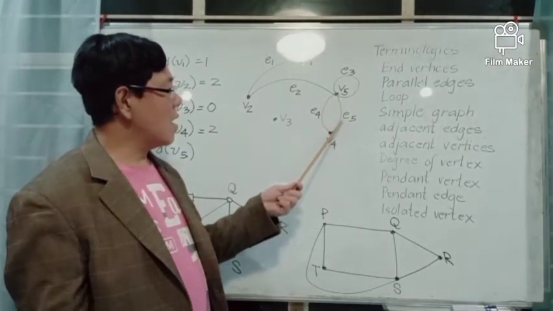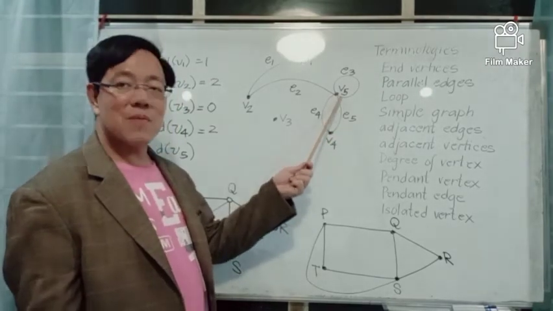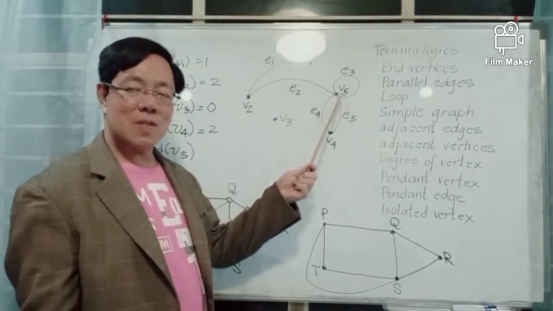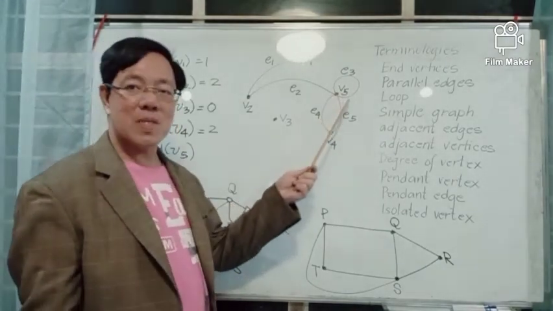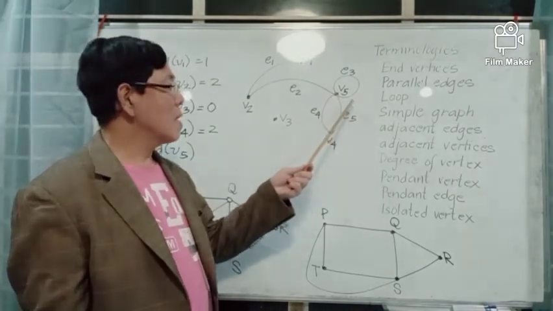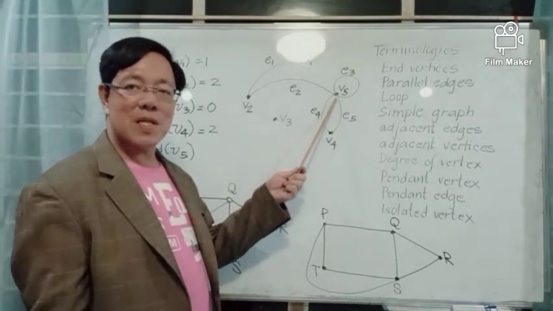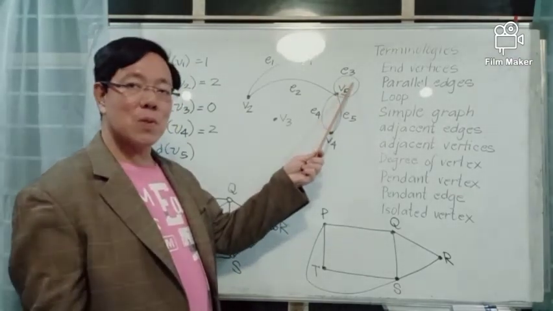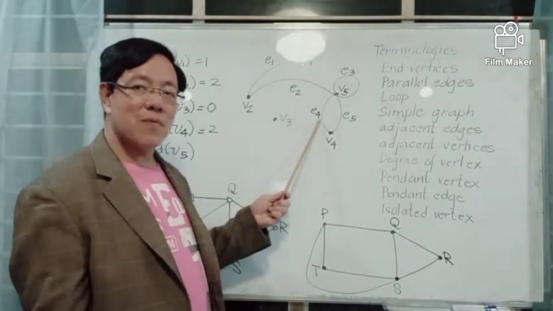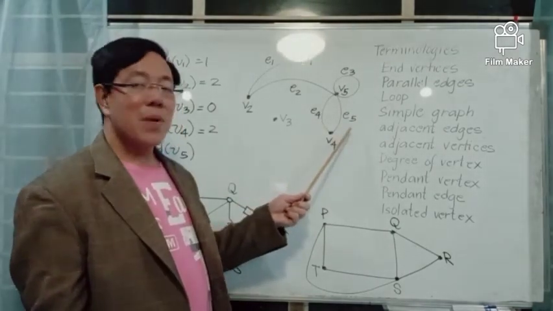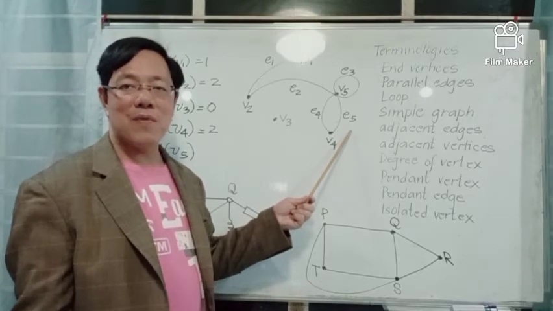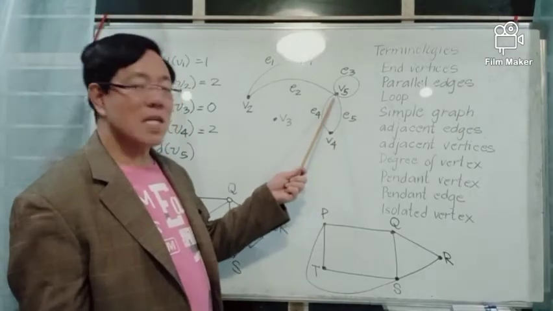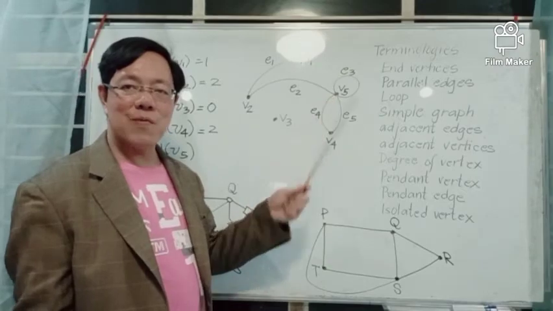Edge E5 has vertex B5 as an end vertex, so that's 2. And the loop is counted as 2. So the degree of vertex B5 is 2 for the loop, plus 1 for edge E4, plus 1 for edge E5, and that's a total of 4. Therefore, the degree of vertex B5 is 4.